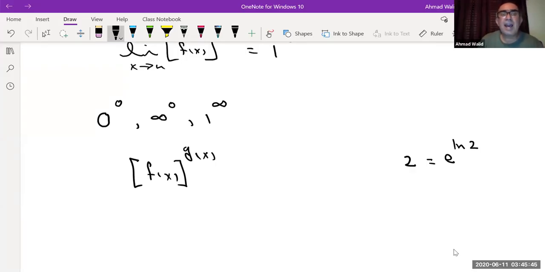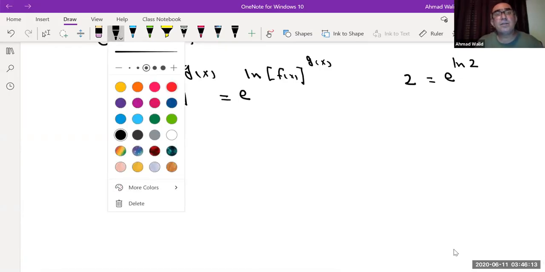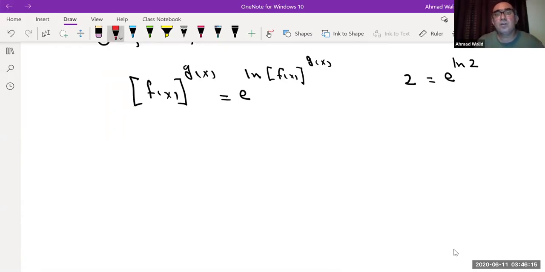Now, if I have f of x to the power of g of x, I can write it as e to the power of ln of f of x to the power of g of x. And based on the logarithmic rules, hopefully you will remember that you can bring the exponent to the front, right?